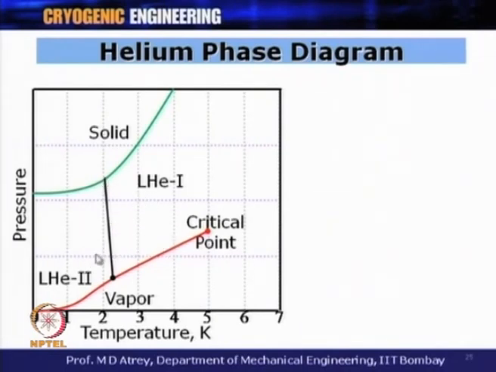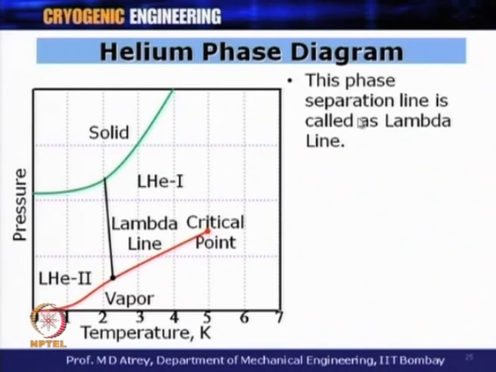What I am giving you here is a line joining 2.17 Kelvin up to this point, which divides helium 1 and helium 2. This phase separation line is called the lambda line. Imagine this 2.17 Kelvin line touching up to the solid-liquid line at this point.